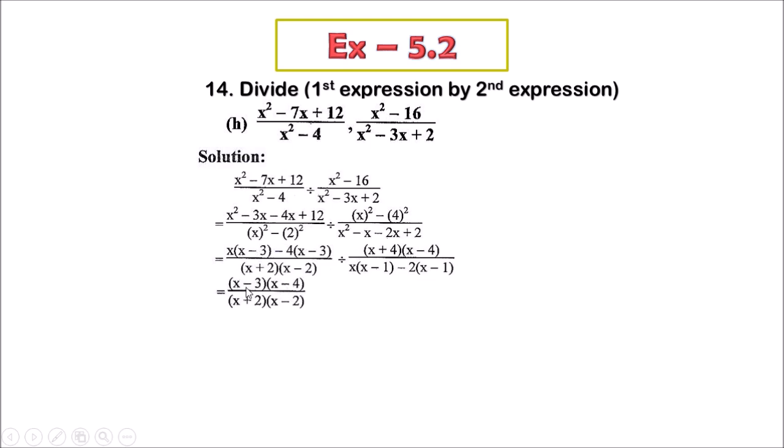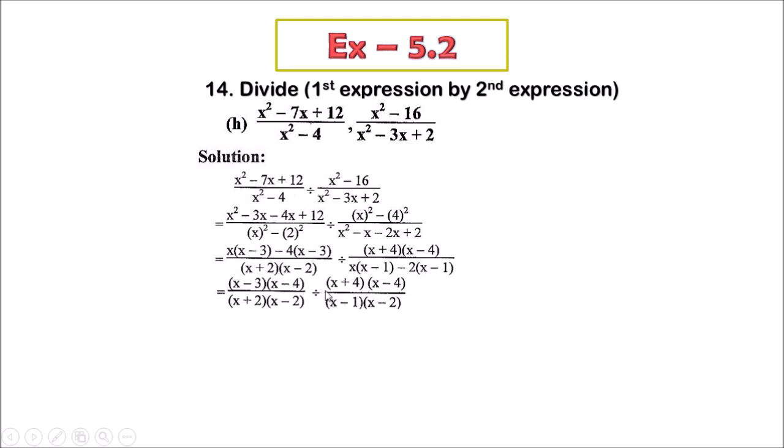After that, I am writing x minus 3 into x minus 4 over x plus 2, x minus 2, and similarly the rest of the part, x plus 4, x minus 4 in the numerator, and in the denominator x minus 1 and x minus 2.